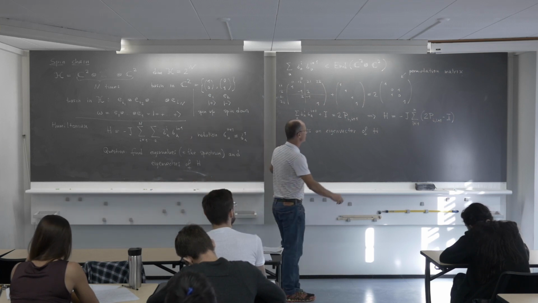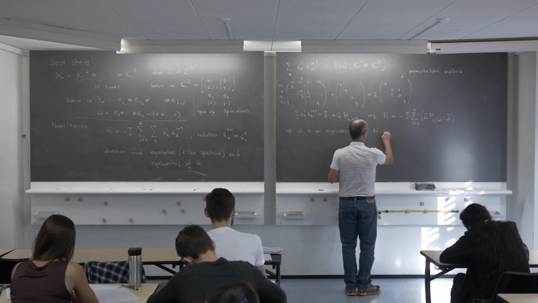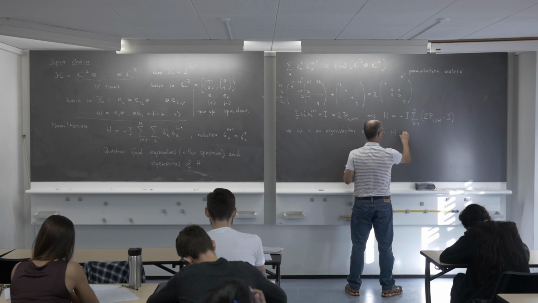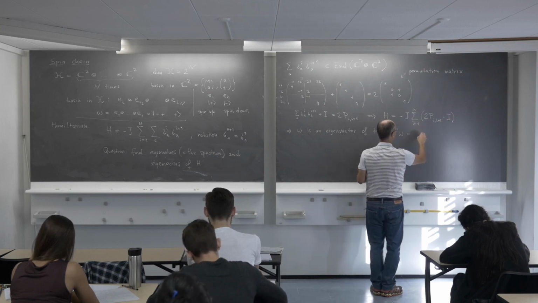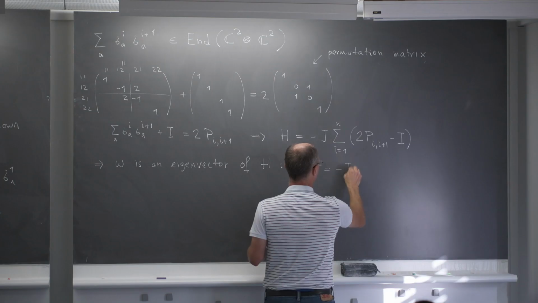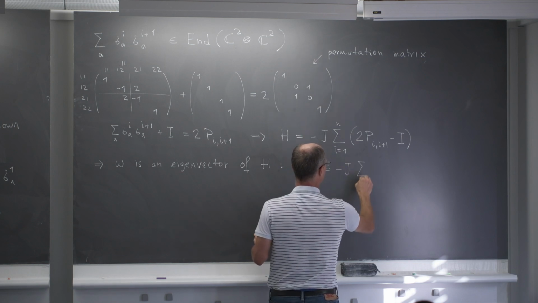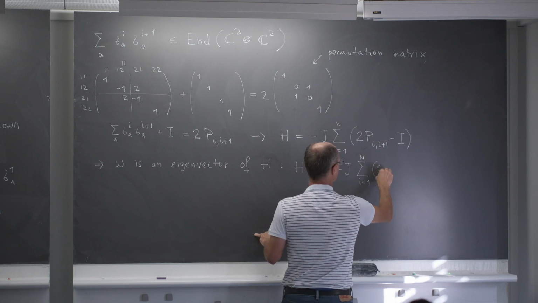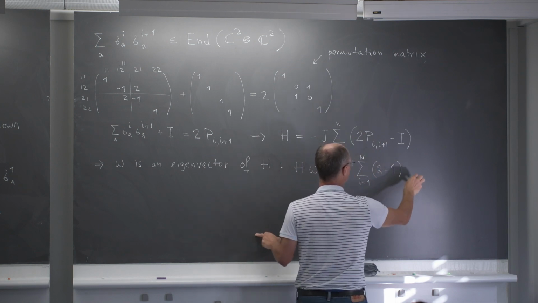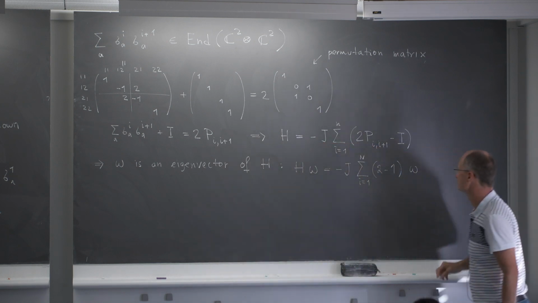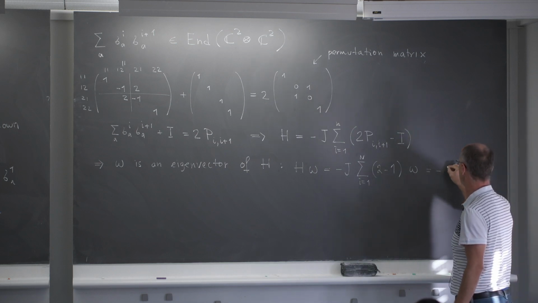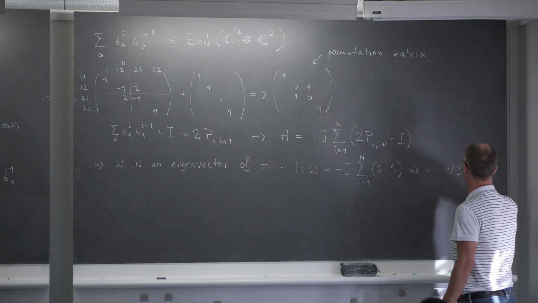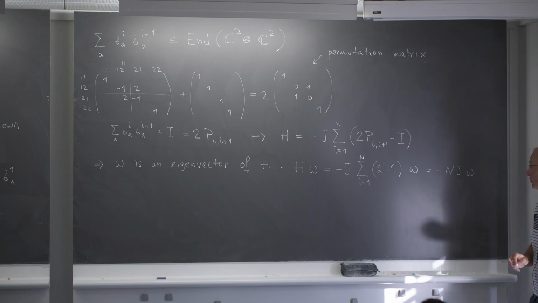So H acting on omega is equal to minus J, sum from 1 to n, but here we have simply 2 minus 1 times omega, and this is equal to minus nJ times omega.